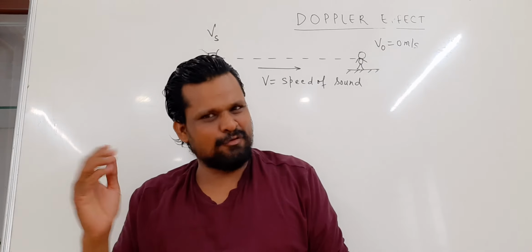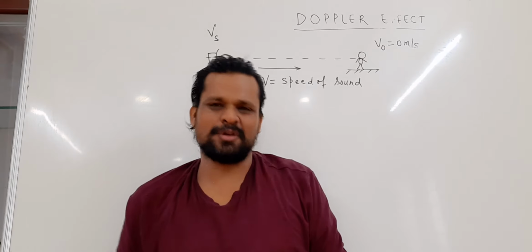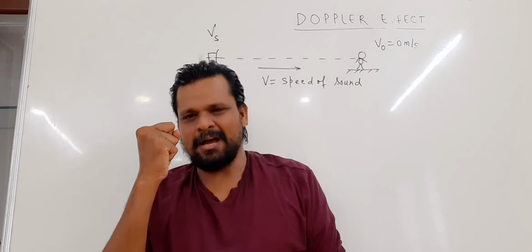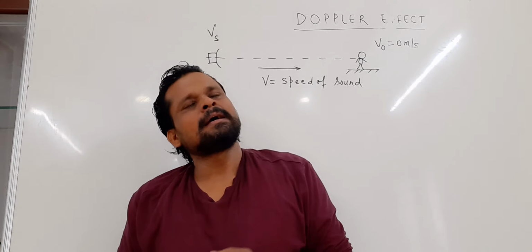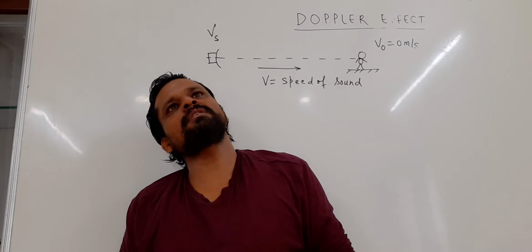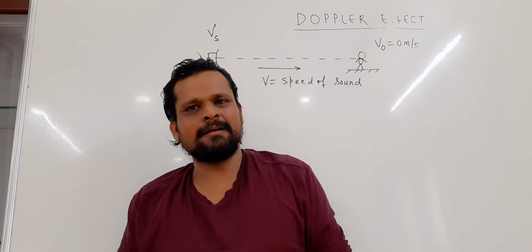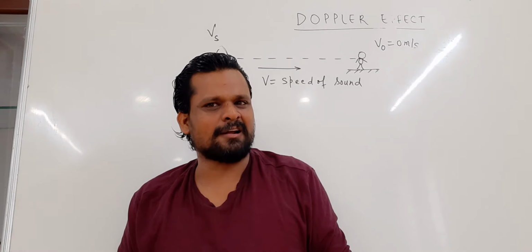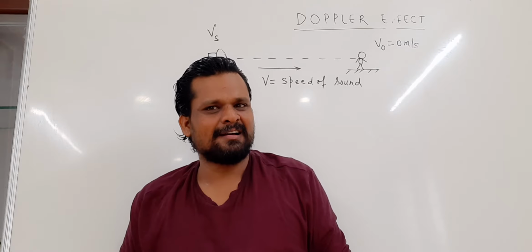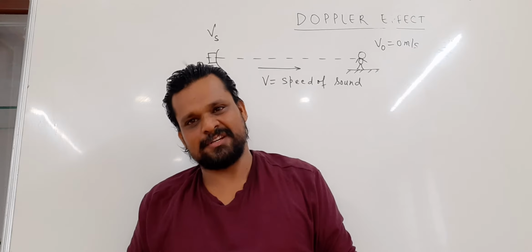Variable pressure flows from one location to another location. That is called sound waves. What is a sound wave, children? A sound wave is nothing but the flow of variable pressure or oscillatory pressure or oscillatory density.